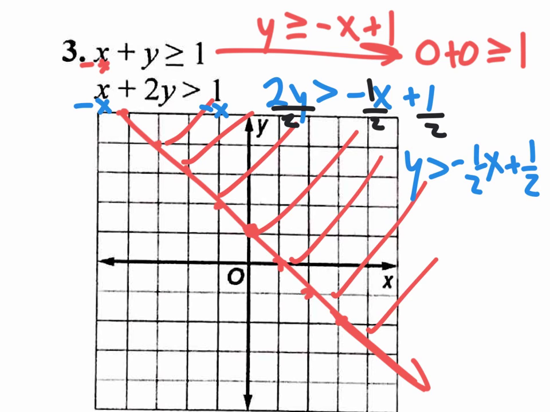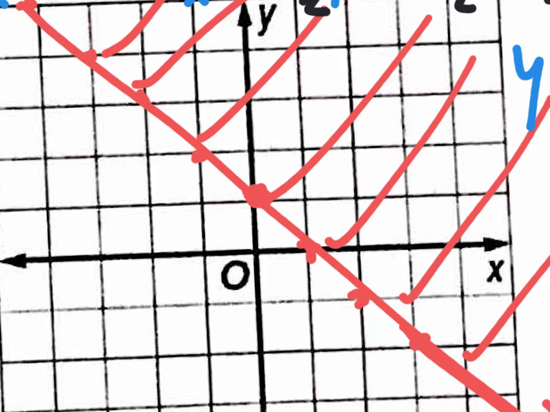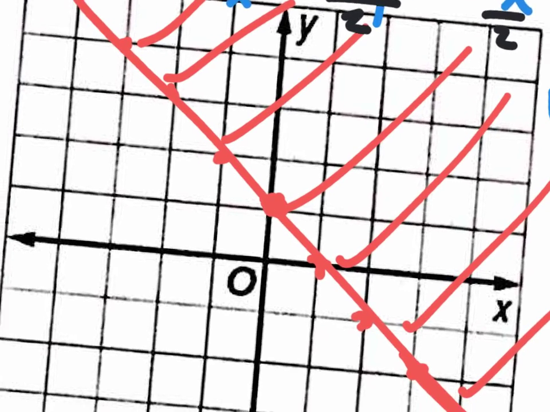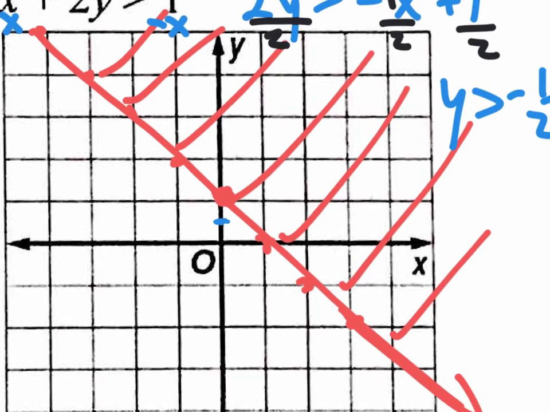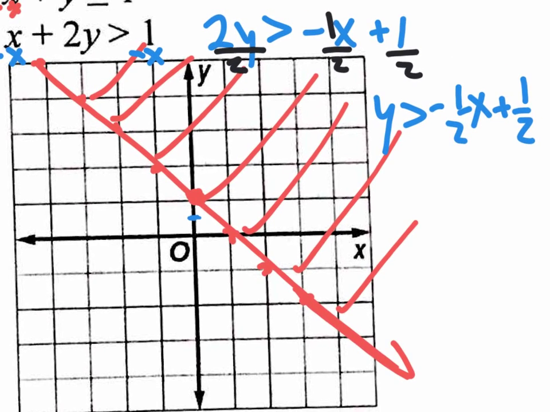So this is going to be a little weird because the b value is 1/2. It's not really 1 or 2, it's actually 1/2, it's right here. So I need to put my dot at the halfway point from 0 to 1. Now from that point, what's my slope? My slope is negative half. So that means that from this halfway point, I want to go down 1 unit to the other halfway point and 2 over.